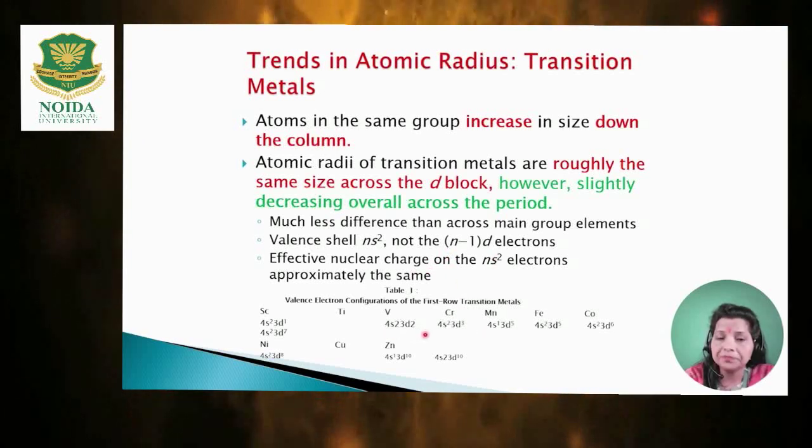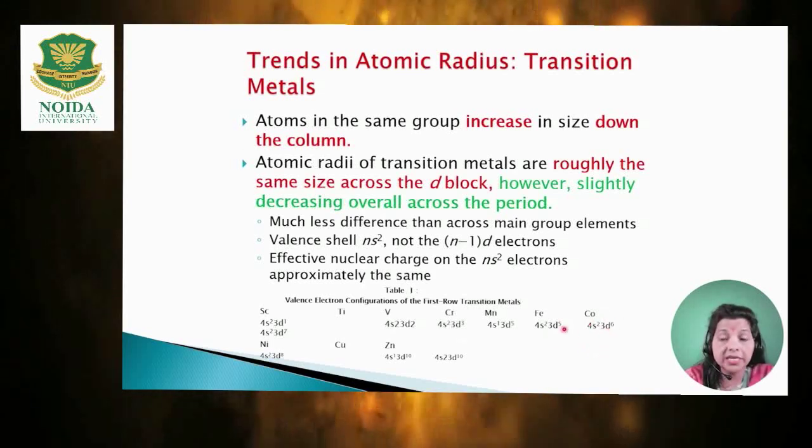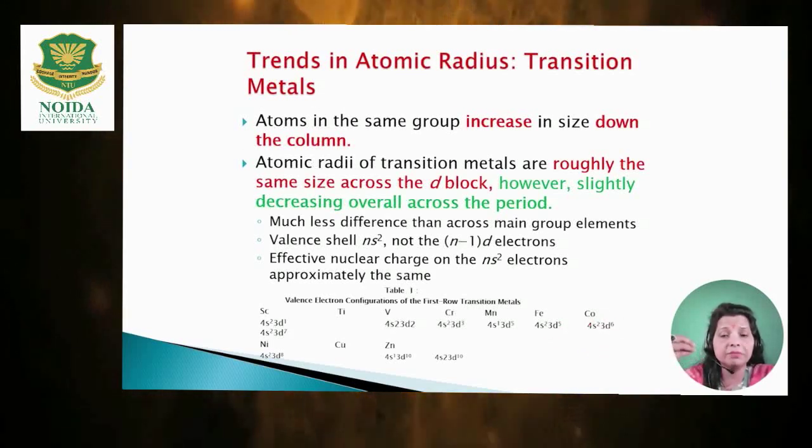You can see here it is 3d2, 3d3, 3d5, 3d5, 3d6, meaning the extra electron is just coming into a place which is already there. So it is not creating extra space, or diminishing any space, which would be responsible for increasing or decreasing the size of the atom, ion or cation.